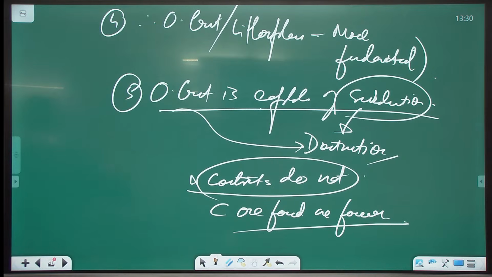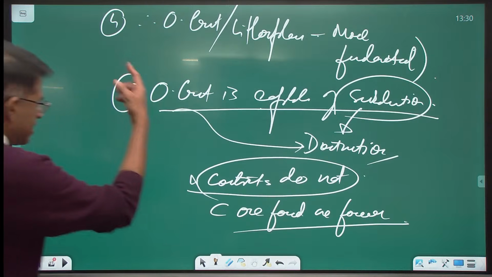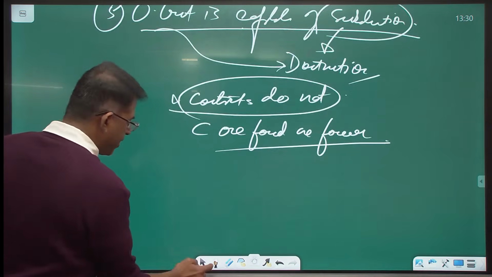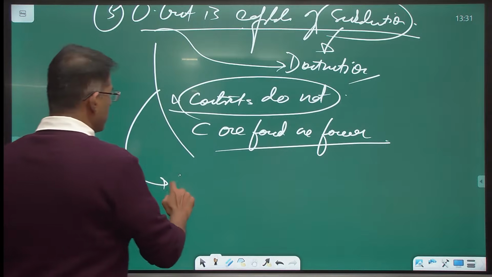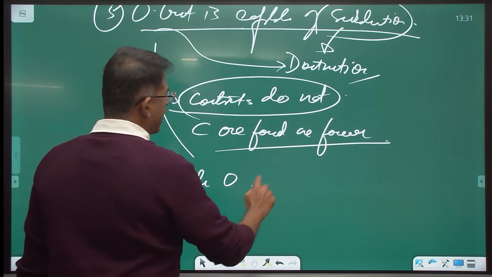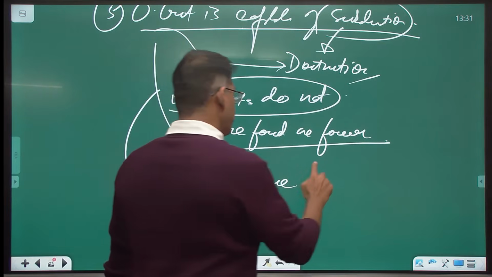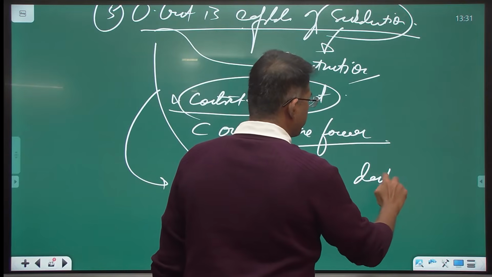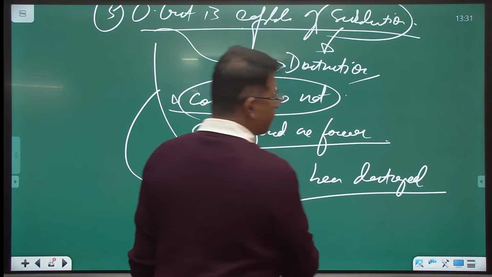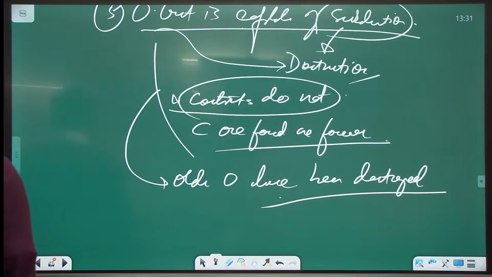Continents grow older, but oceans can be destroyed. So what has happened because of this is that the older oceans have been destroyed. Much of the old oceans, as of today, have been destroyed.